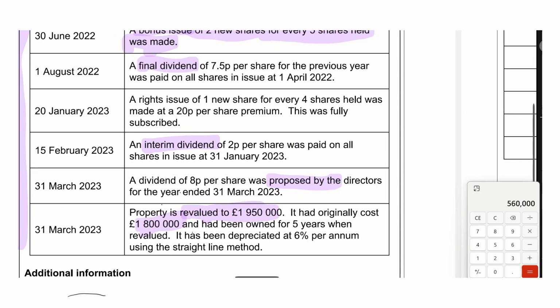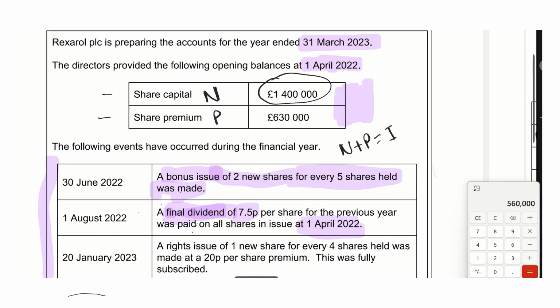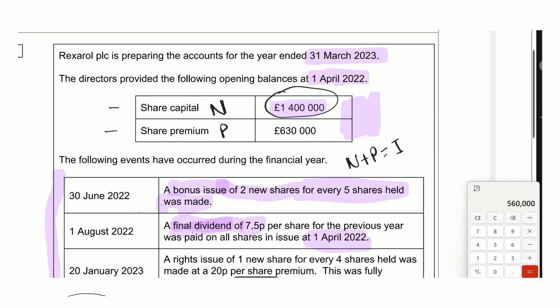So what information do we have about the first dividend on the 1st of August? On the 1st of August, a final dividend of 7.5 pence per share for the previous year was paid on all shares that were issued on the 1st of April, key date, 1st of April 2022. On that date, you only had this value of shares.